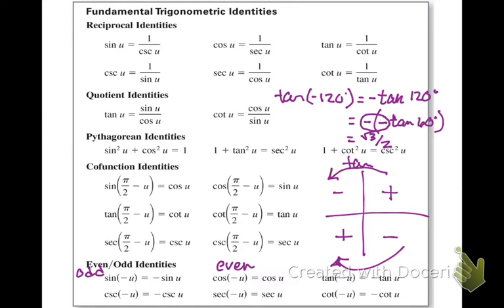Is that what you needed, Ethan? Yeah. Just to see what you meant by solve the 120. Okay. So go ahead. When you get the tangent of 60, will you always take it from 180 degrees? Yeah, the reference angles are always from the x-axis. So this is 180 or 360.